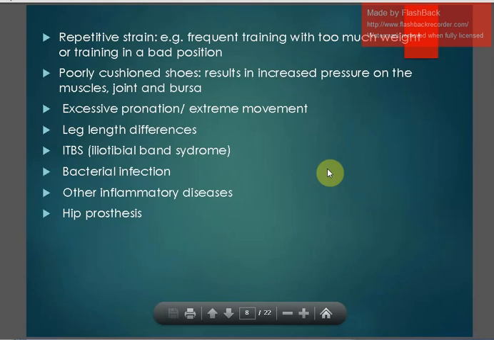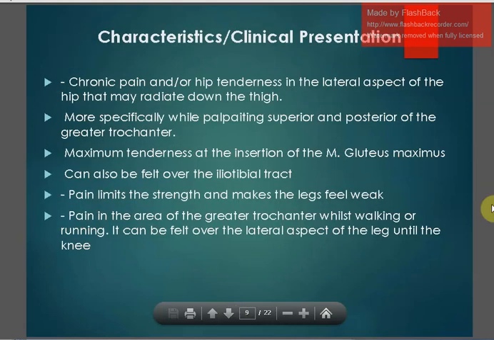Excessive pronation, extreme movement, leg length differences, iliotibial band syndrome, bacterial infection, inflammatory disease, and also the hip prosthesis. The clinical presentation of the condition is chronic pain or hip tenderness in the lateral aspect of the hip that may radiate down the thigh.